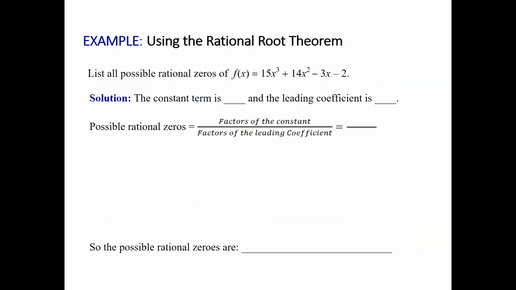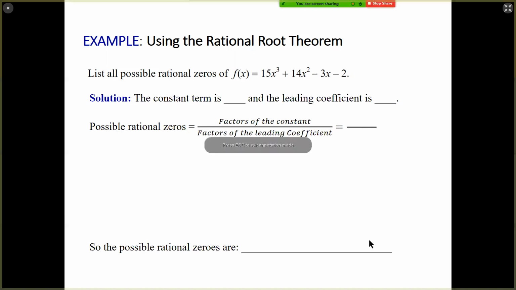So when factor by grouping doesn't work, we're going to have to decide the constant term. I want you to decide which one of these numbers is your constant, the number that's by itself. -2.